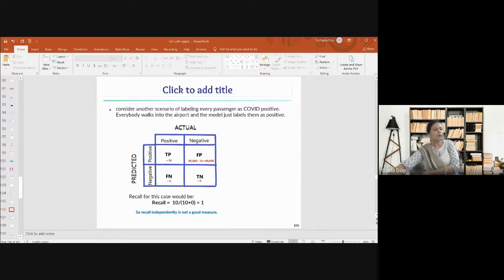I'll give you another scenario, what is being shown here in the slide. You are trying to label every passenger as COVID positive. When you label them as negative, you land up with a recall of 0.